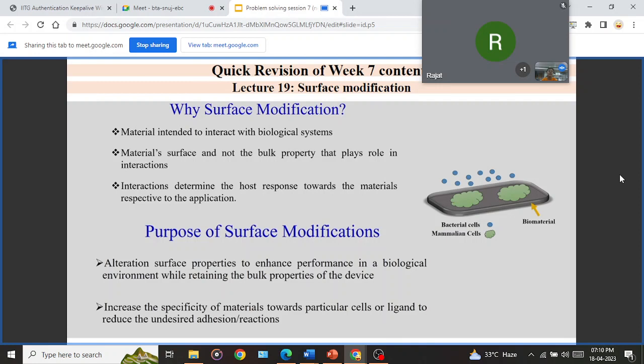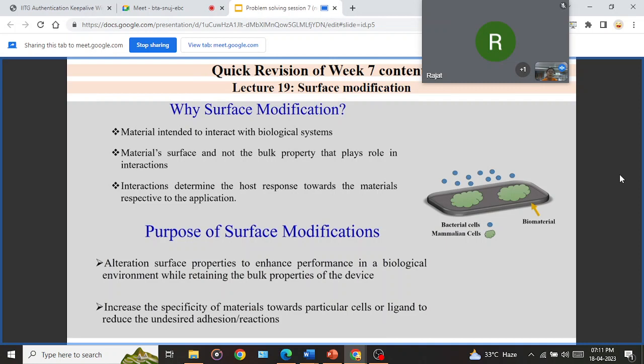So this material surface requires certain modification in order to work properly. These interactions determine the host response towards the material respective to the application. Whatever the material surface is, it will determine the interaction and finally the host response towards the material.